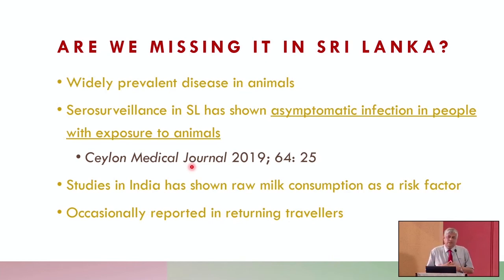So it looks like people working in those rural areas do get asymptomatic infection. That's why they had the antibodies. Indian studies have also shown that raw milk consumption is a very high possibility risk factor for brucellosis. And we also see it occasionally in returning travelers.